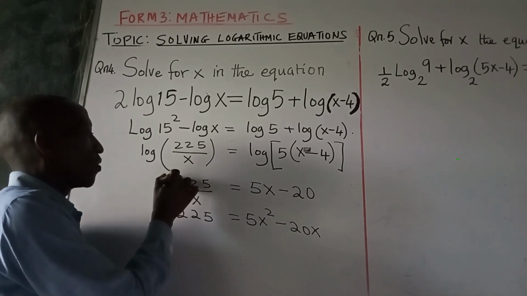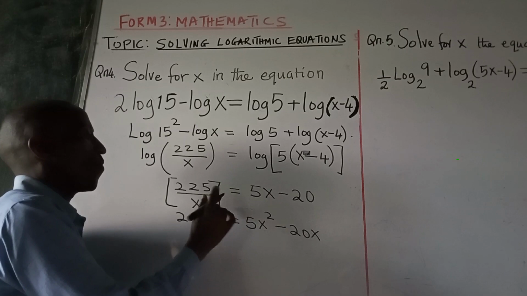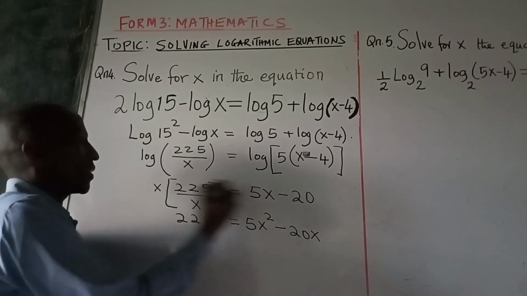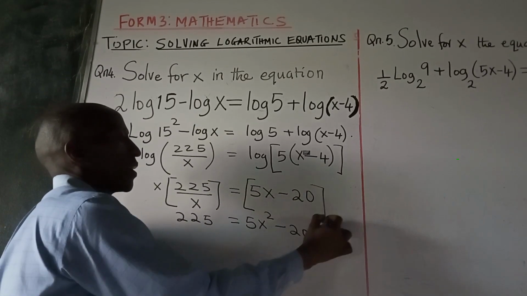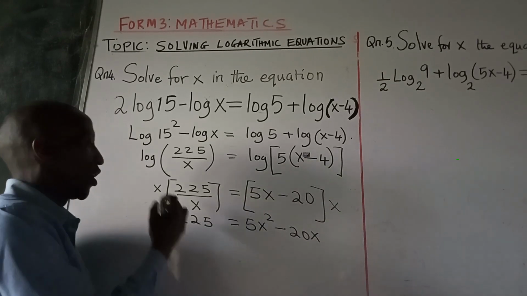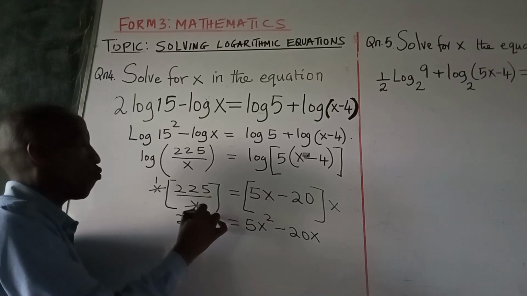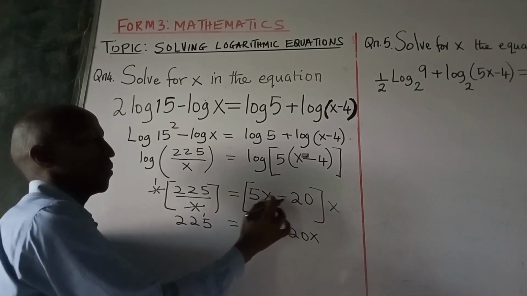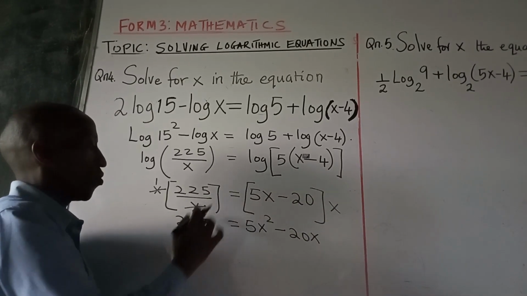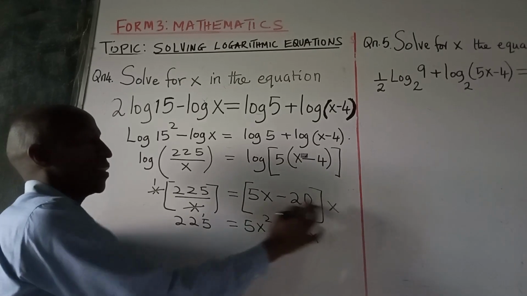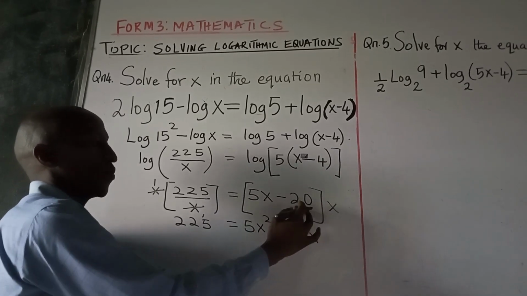On the left-hand side we multiply by x, and also on the right-hand side we multiply by x. So this x cancels out with that one. We get 1, whilst this we put inside the bracket. So we get 225, and this is 5x squared and 20x.